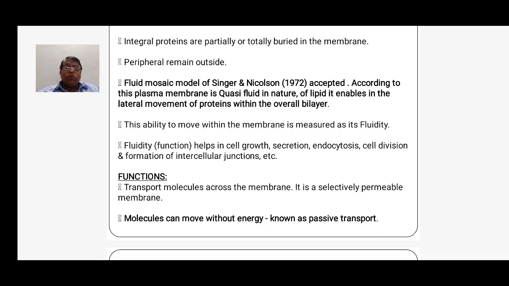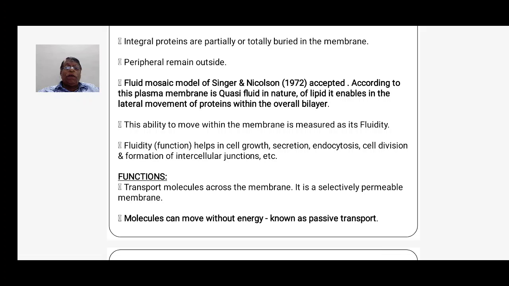Who proposed this model? The fluid mosaic model was proposed by Singer and Nicholson in the year 1972.